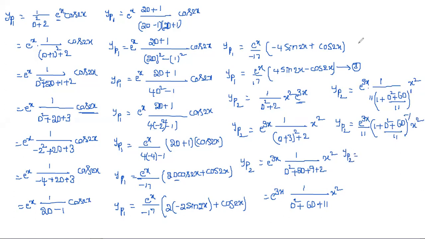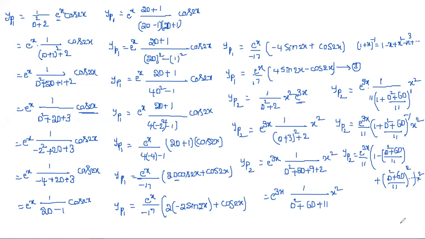What is the expansion for this? (1 plus x) whole power minus 1 is 1 minus x plus x square minus x cube and so on, right? So here, this is as it is: e power 3x by 11, 1 minus of (D square plus 6D) by 11, plus ((D square plus 6D) by 11) whole square, minus and so on, into x square.